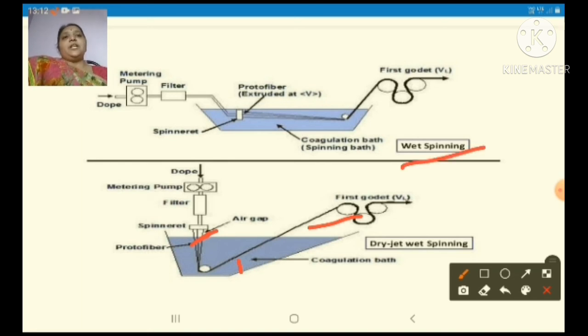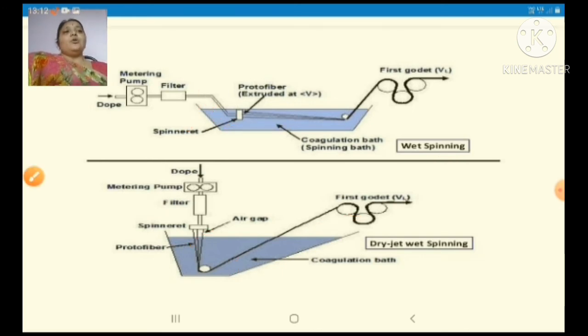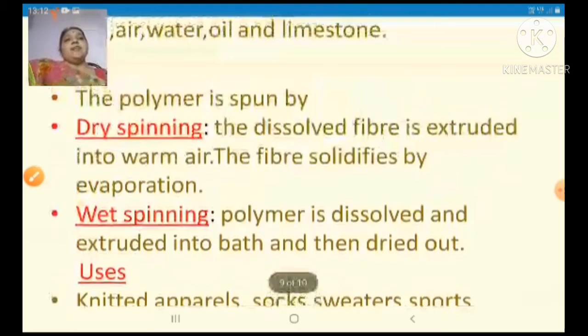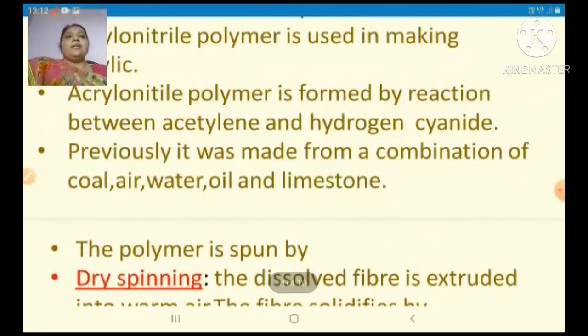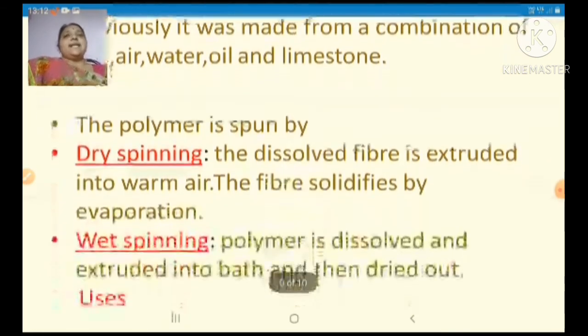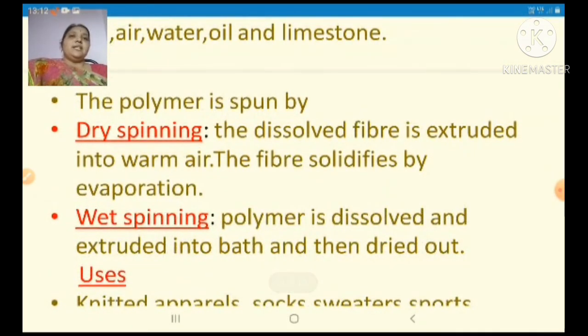Whereas in wet spinning, you can see the polymer is first passed into the liquid and then it is dried out. So this is the difference between wet spinning and dry spinning. To get the acrylic, the polymer obtained from the reaction between acetylene and hydrogen cyanide is taken for dry spinning or wet spinning.